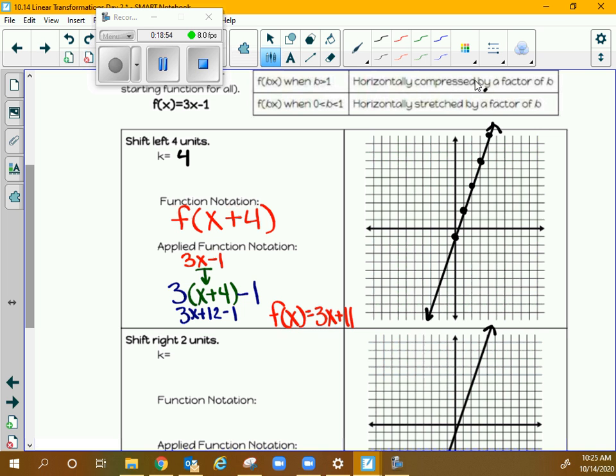So if I graph 1, 2, 3, 4, 5, 6, 7, 8, 9, 10, 11. It's right up there. Okay, I hope it works. 1, 2, 3.